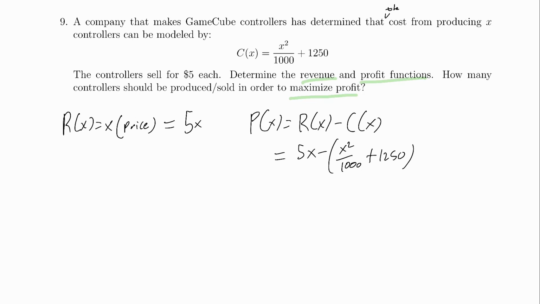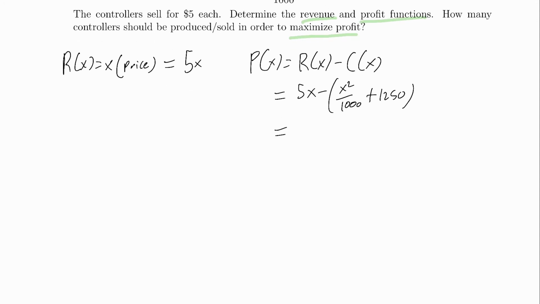5X minus X squared over 1,000 plus 1,250, which now we can distribute out the minus sign. We get our profit function as 5X minus X squared over 1,000 minus 1,250. Our goal is to maximize the profit.